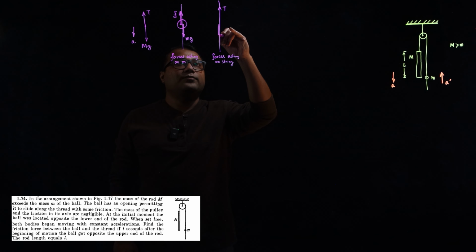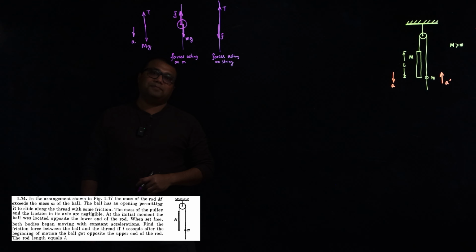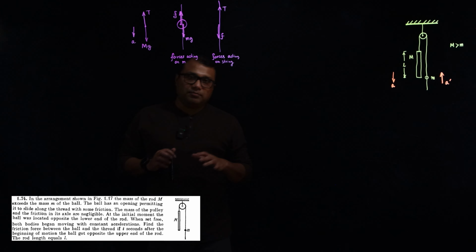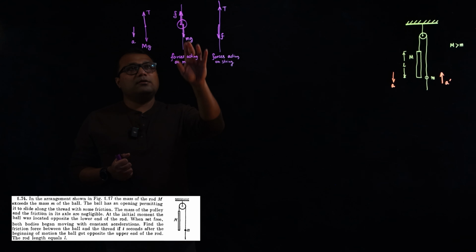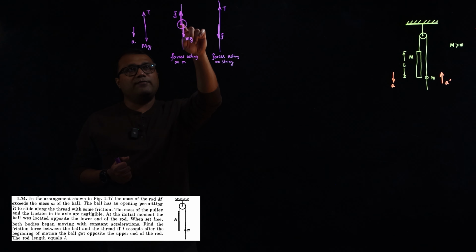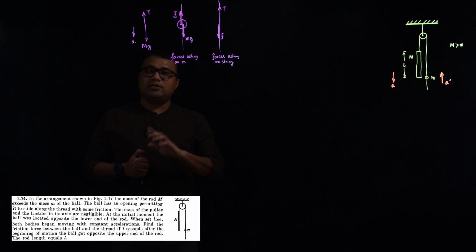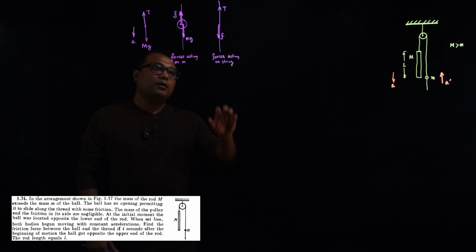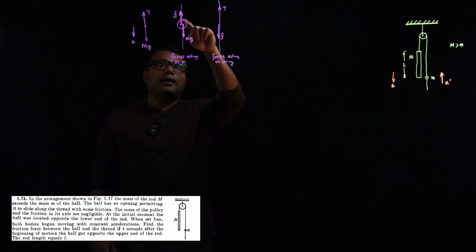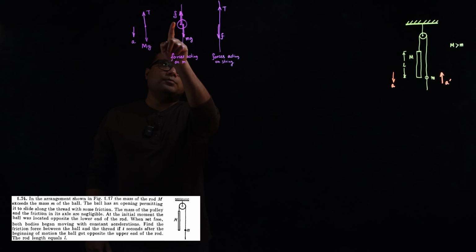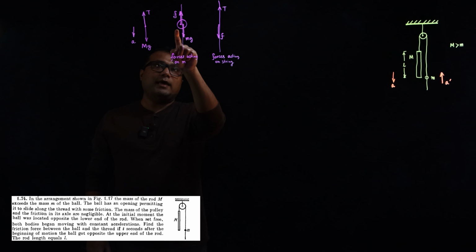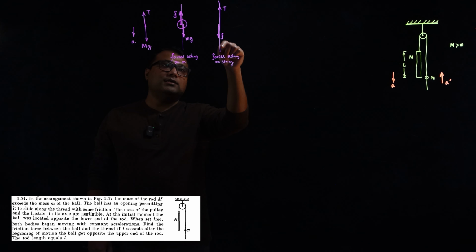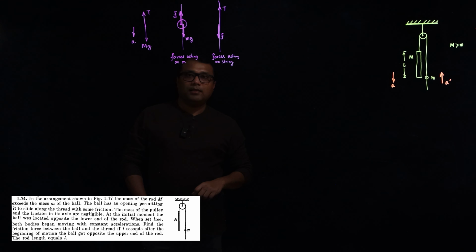So there will be a force of friction F working in this direction. Make sure that you understand this part. This is critical. What are the forces acting on the small mass m? The force of gravity and friction in the upward direction. Tension is not acting on the small mass m. On the string there is tension, and due to Newton's third law, equal and opposite forces will act on the string. So if the string exerts F on m, m will exert minus F on string.